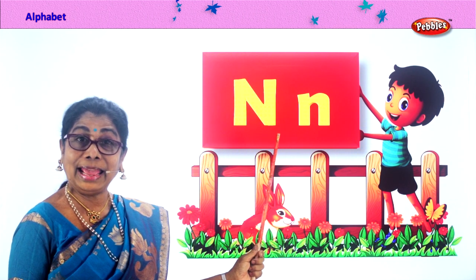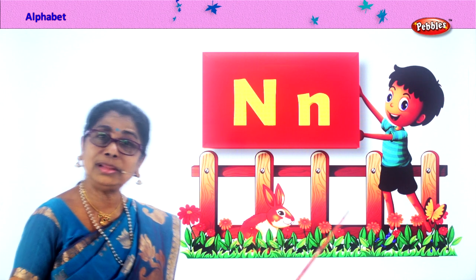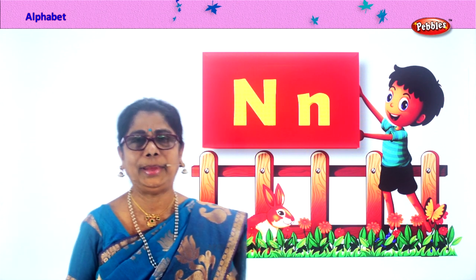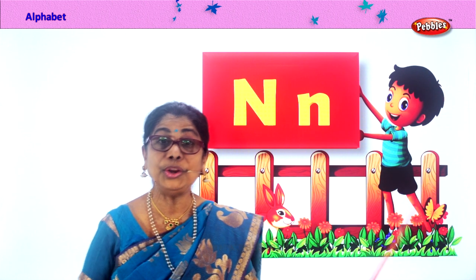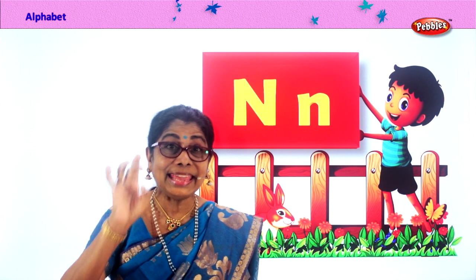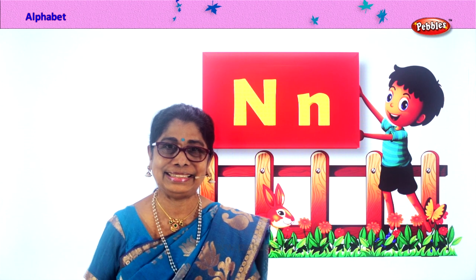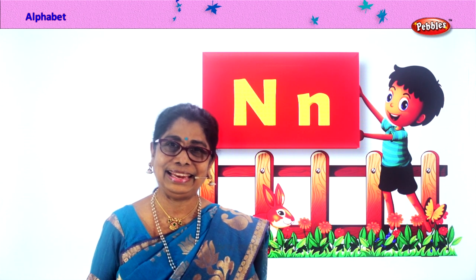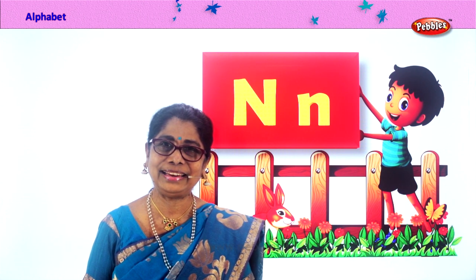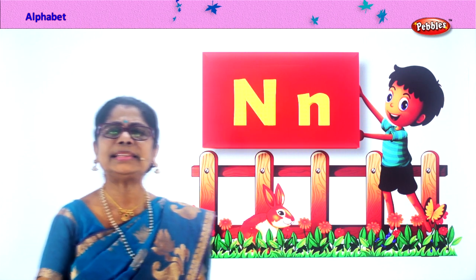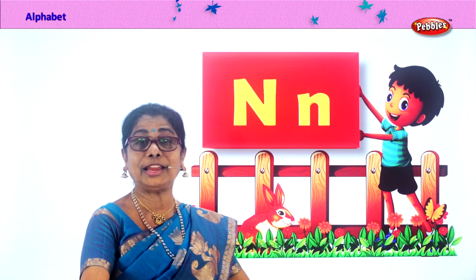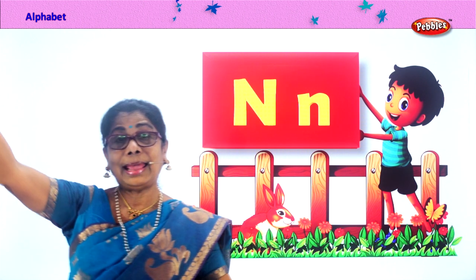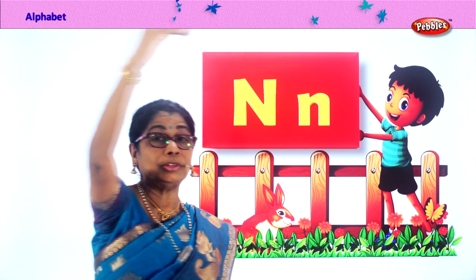Now, letter N. What is the sound that letter N will make? Nose, nail, nail. All right. Now, let us say we are out in the garden, teacher's taken you out, and an airplane passes on the top.